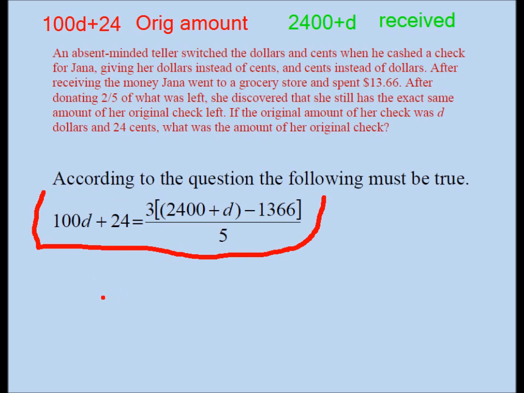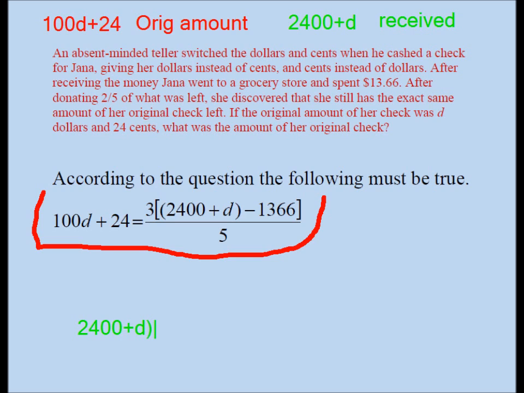Now, what happened? She went to the store and she received this amount, 2400 plus D, from the cashier, which was the incorrect amount. This is what she had when she went to the grocery store.